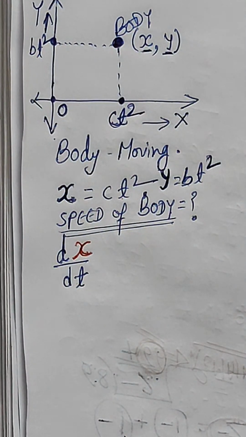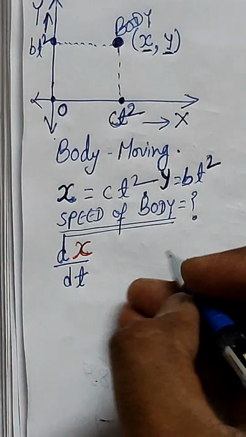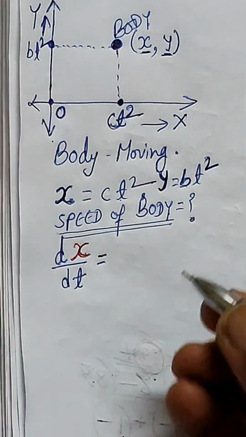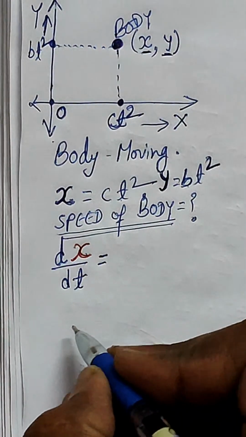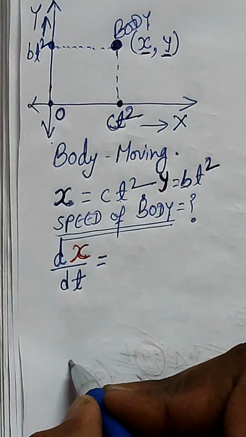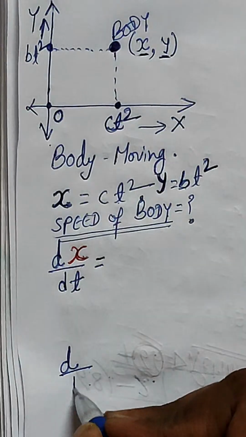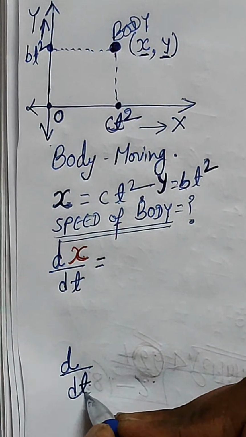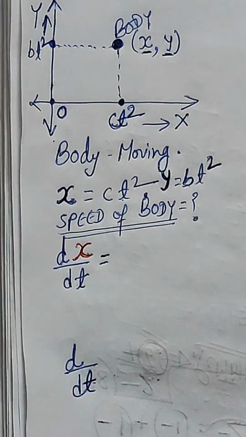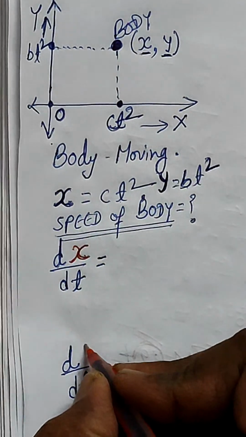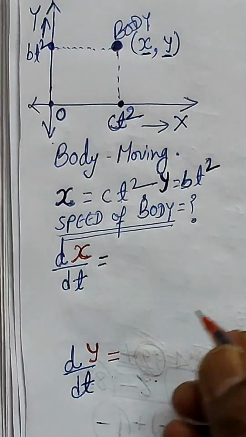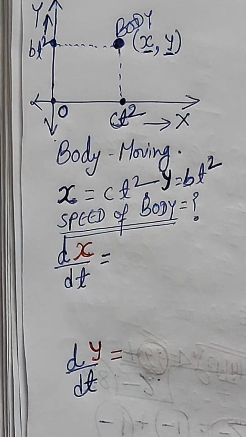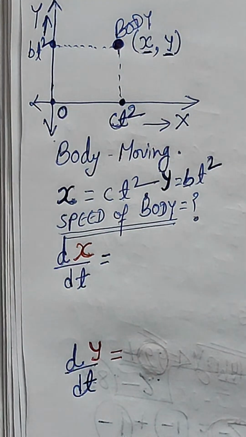So this will give you the x component of the velocity. Similarly, when you differentiate with respect to t the y component, again changing the pen so that it will be easily visible, it will be d by dt of y. This will give you the y component.